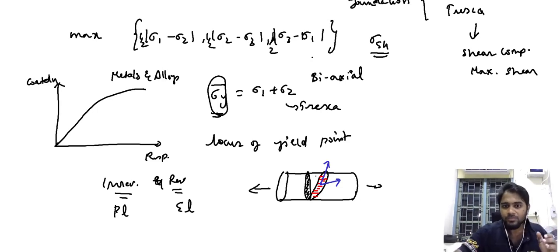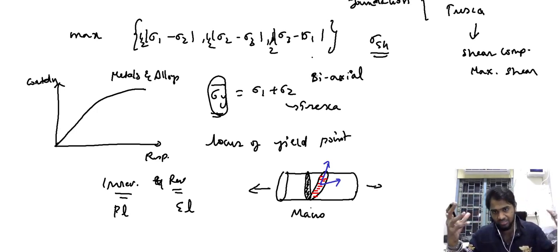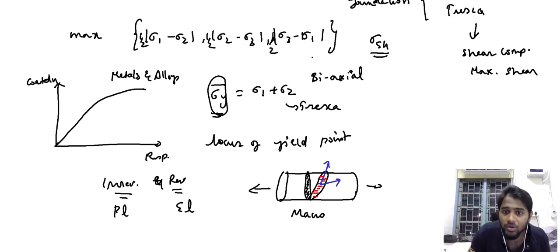Now, when you consider this macroscopic representation, when you consider your material on the macroscopic scale as it is, like the ones that we see with our naked eye, in order to describe the difference in the mechanical condition experienced by the material with respect to a given plane and with respect to a given direction, we consider a specific coordinate system, a Cartesian coordinate system that involves x, y and z.